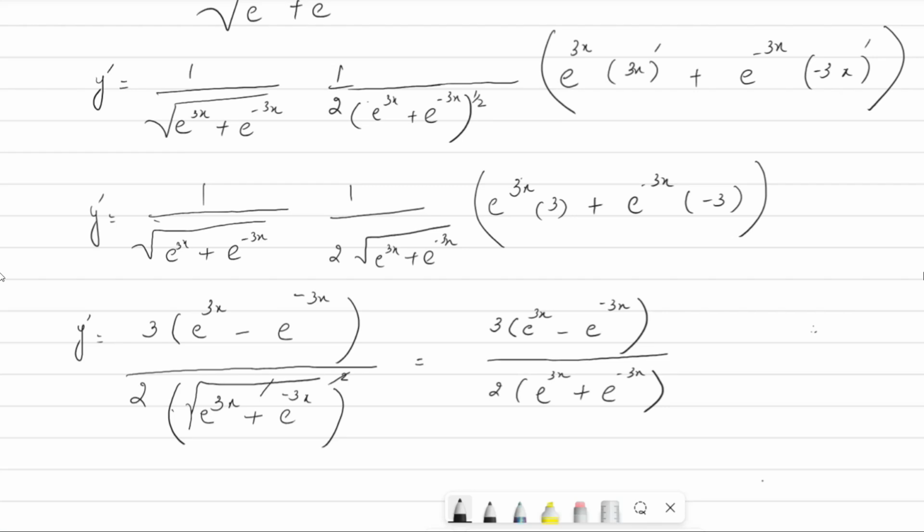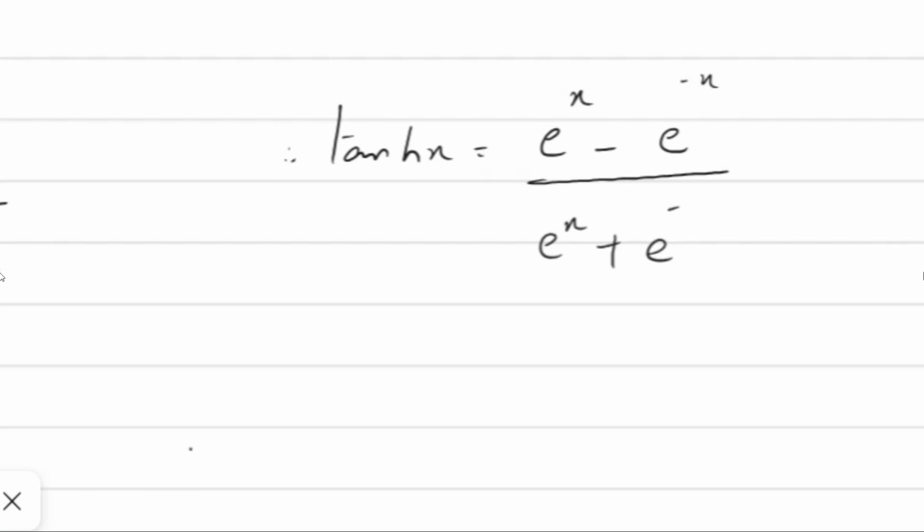And here we know that tangent hyperbolic of x is equal to e raised to the power x minus e raised to the power minus x, divided by e raised to the power x plus e raised to the power minus x.